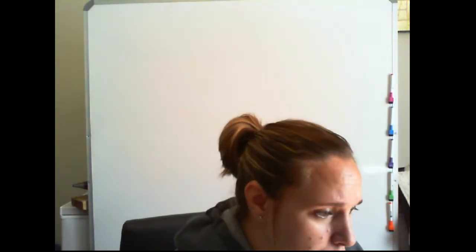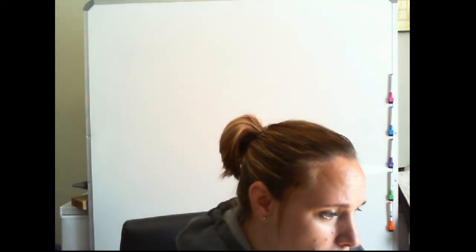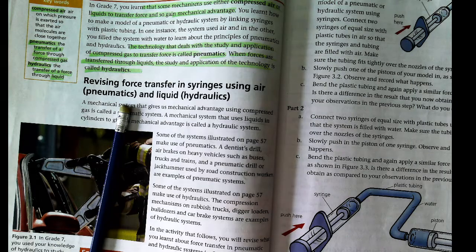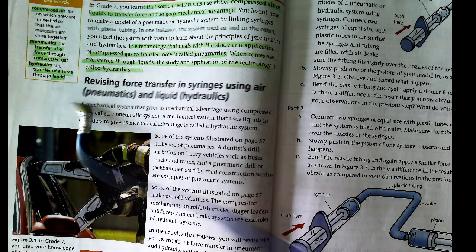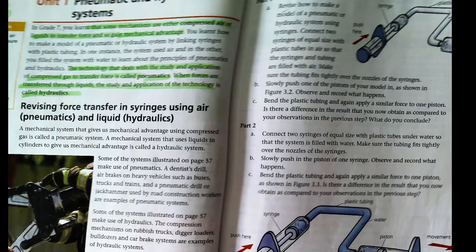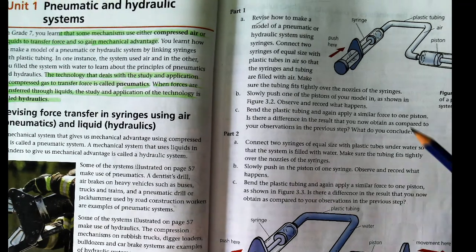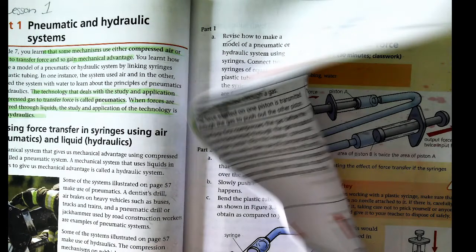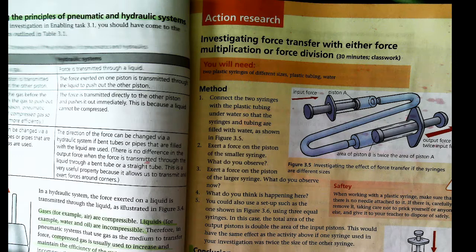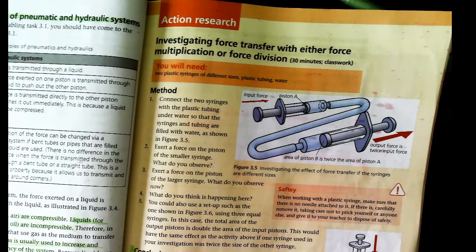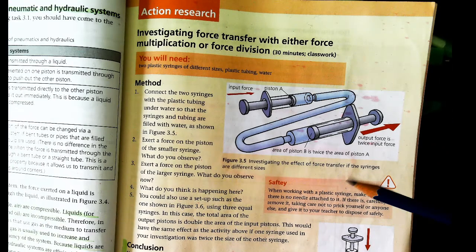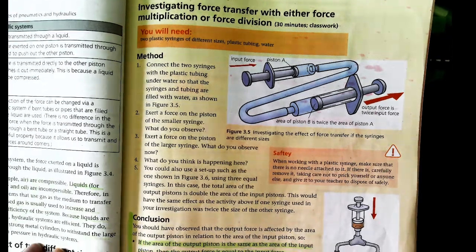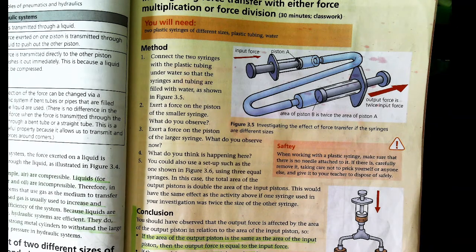Okay, so let's look back at our notes. What you will notice now is I have explained this page basically to you. You will also notice that this action research is pretty much what I have explained to you now as well.